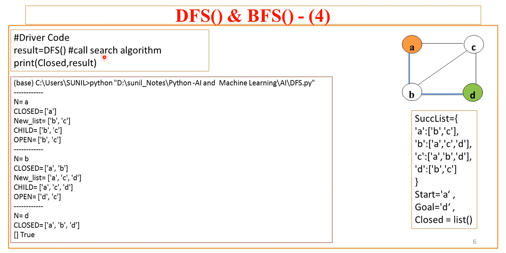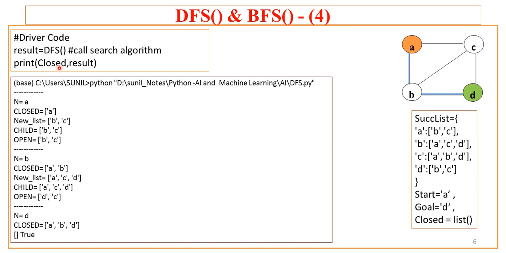Now this is the driver code in which DFS is called, and the status of the operation of DFS is stored in the result variable, and closed is printed here to see what is the status of the closed, because closed maintains all the nodes visited.